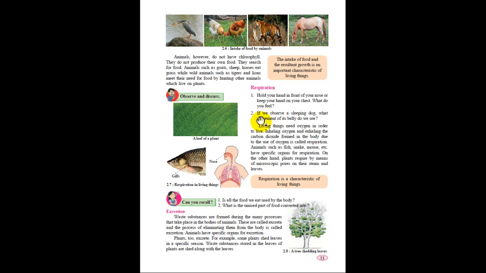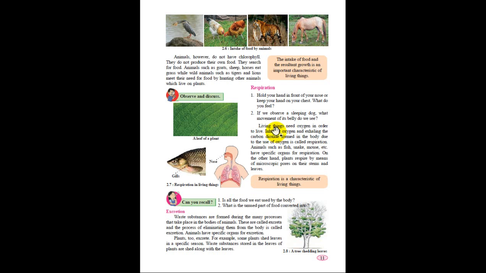Second example: if we observe a sleeping dog, what movement of its belly do we see? Most of the time, if a dog is sleeping anywhere on the road, we will see that its belly goes up and down. Why does this happen? Living things need oxygen in order to live.